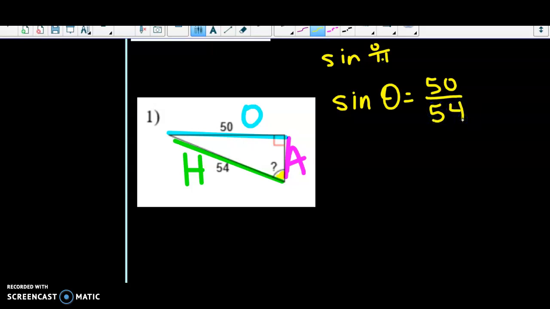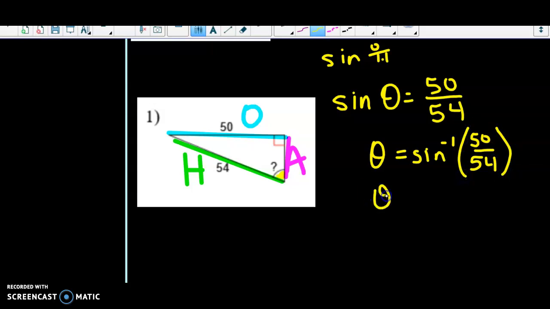Okay. Now what do I do to solve for my angle? Because I need to solve for the angle. You do the inverse of sine, and that should help you find your angle. And we're going to round to the nearest degree.